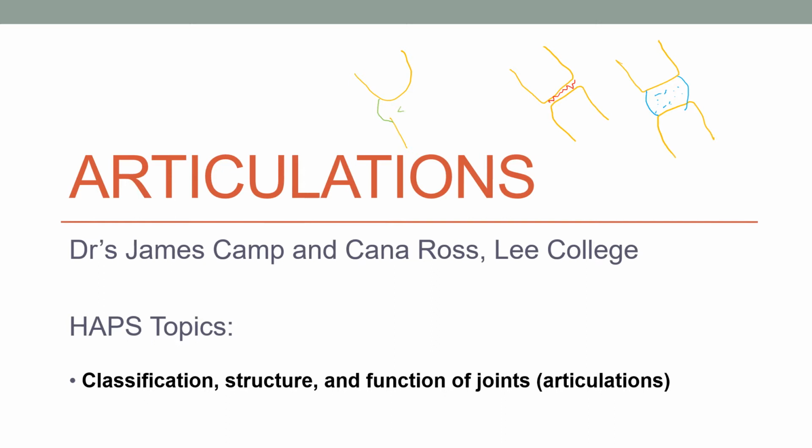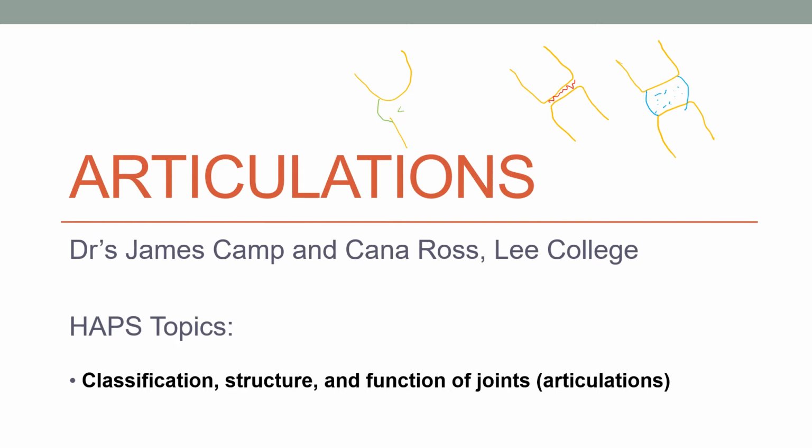Okay, so that latter kind is referred to as a joint, or a synovial joint. The other two sometimes are called joints just for ease of terminology, but really are fibrous and collagenous articulations. When you think of a joint, you think of something that has free movement to it.